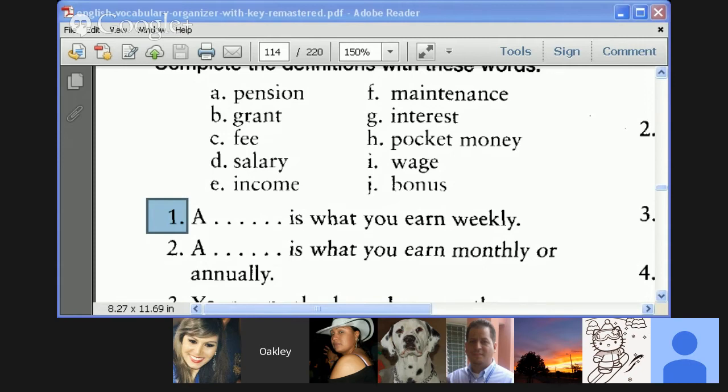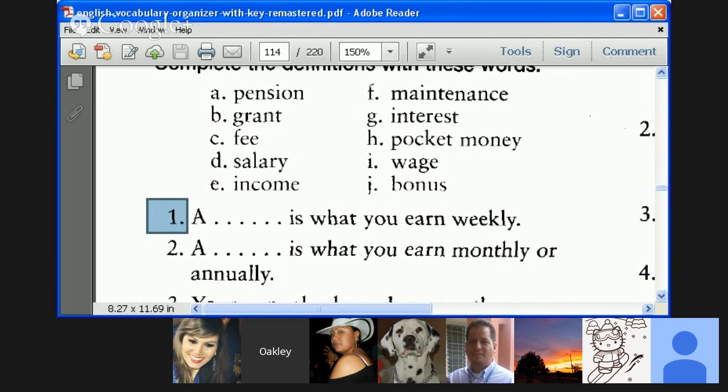All right. Okay. Naibe, number two. Income is what you earn monthly or annually. Okay, your income.